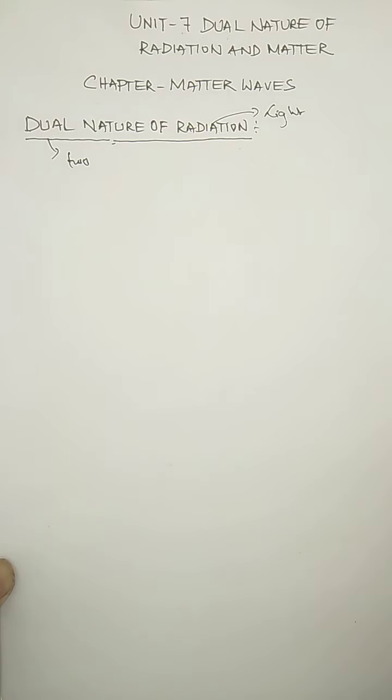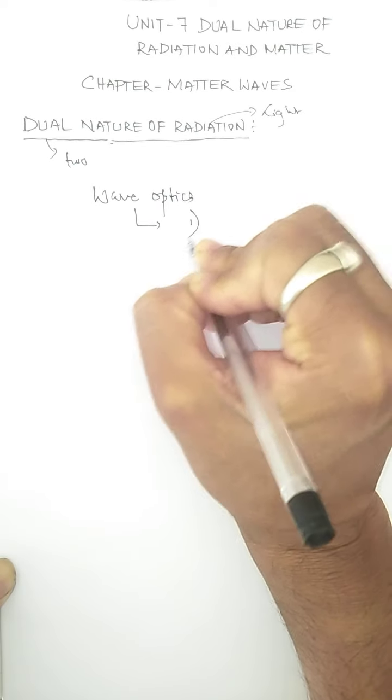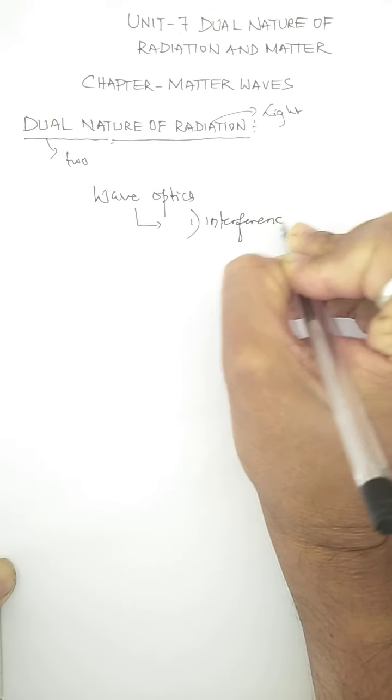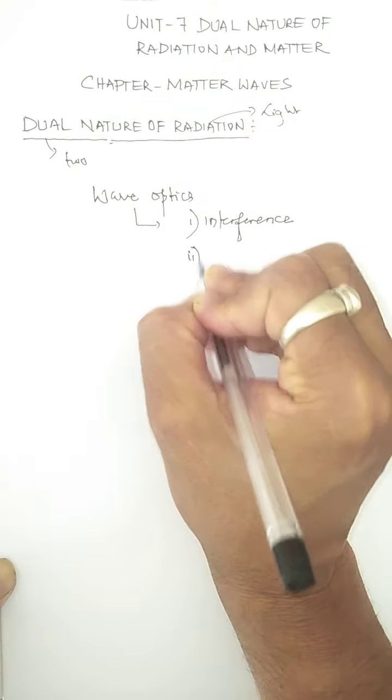So to understand this, let me go back to wave optics. Children, we completed wave optics. In wave optics, you know one of the phenomena is called interference. You learned in detail about interference. Similarly, you learned another phenomenon called diffraction.